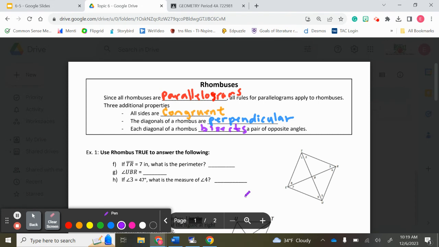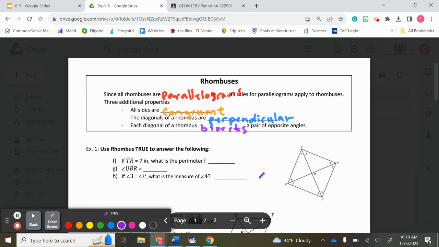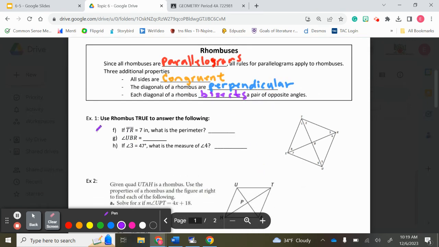All right, so let's take a look at example 1. It says use rhombus TRUE to answer the following. If TR is 7, so they're saying TR is 7 right here, what is the perimeter? Who remembers how to find the perimeter of any shape? What do we do?